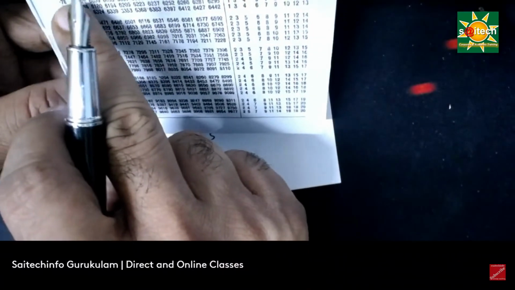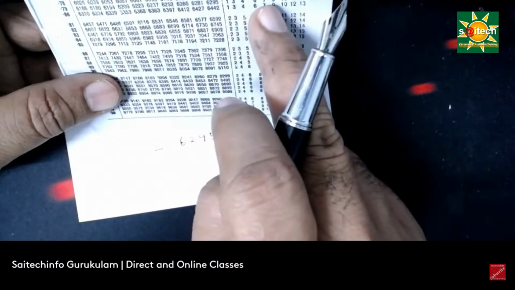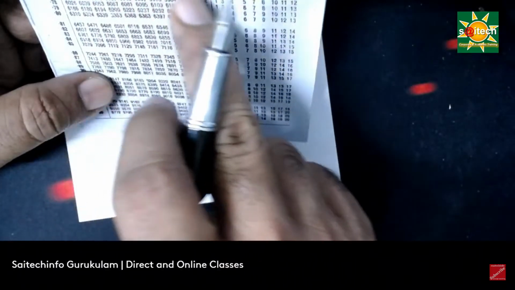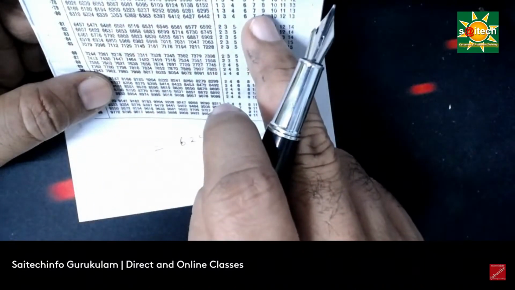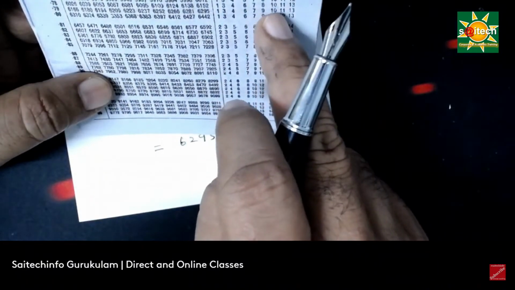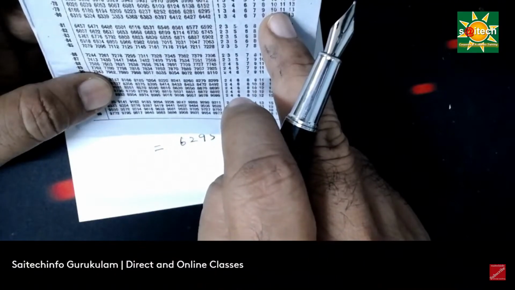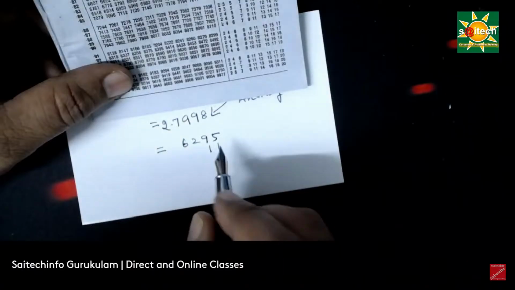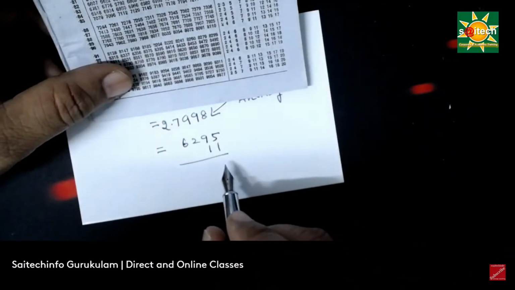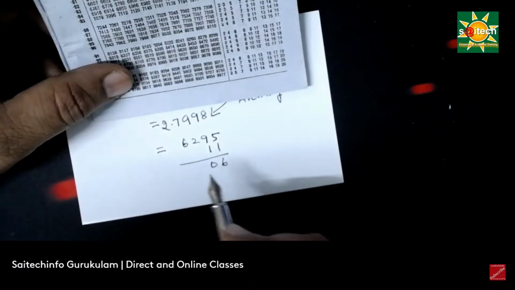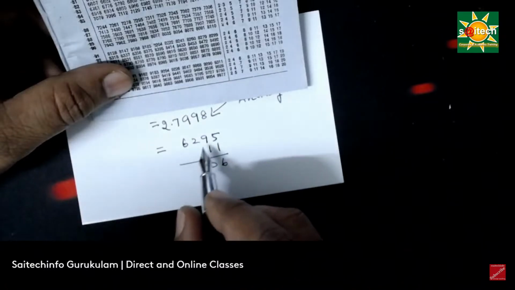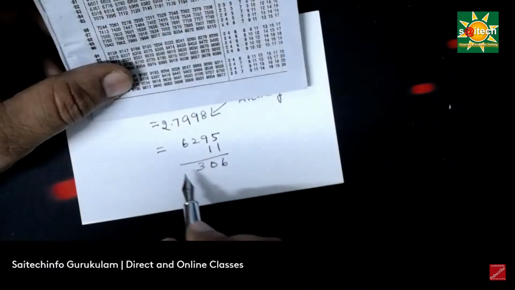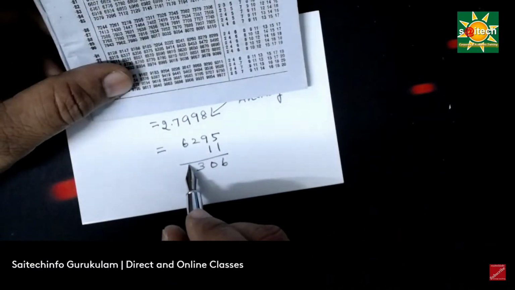So 79, mean difference for 8 is 11, is it not? So you can add 11.